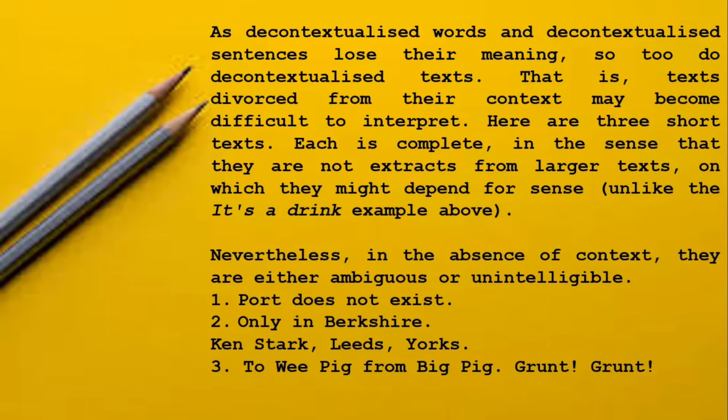First, port does not exist. Second, only in Berkshire can Stark Leeds Yorks. Third, to wee pig from big pig, grunt grunt. So number one is an instruction my computer gave me when I was trying to install a new printer. Port does not exist.